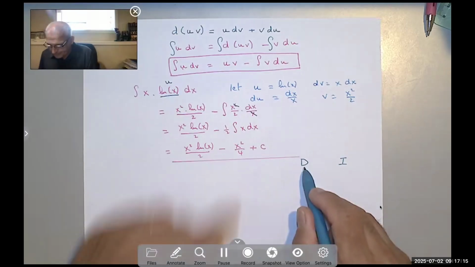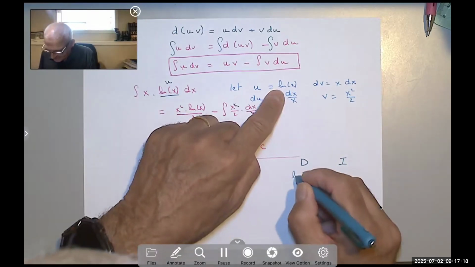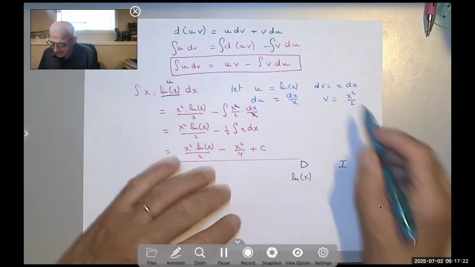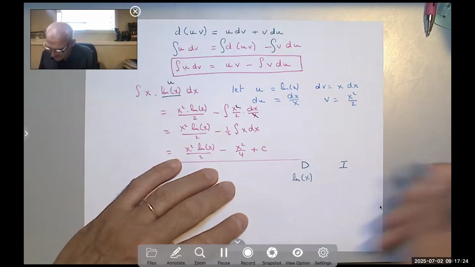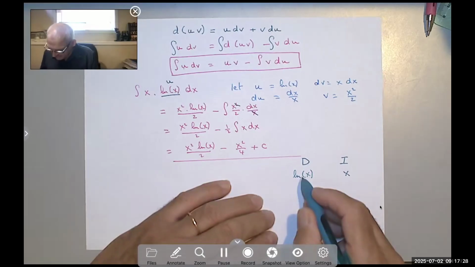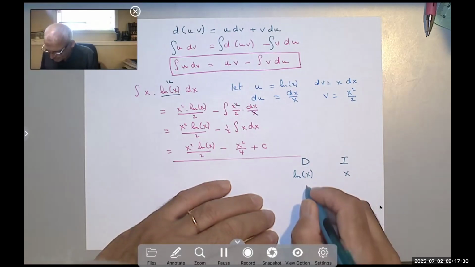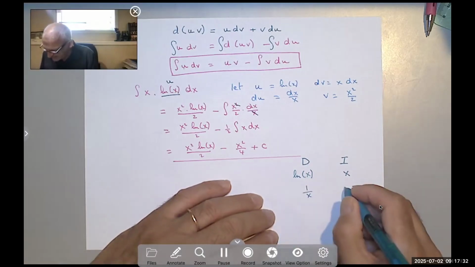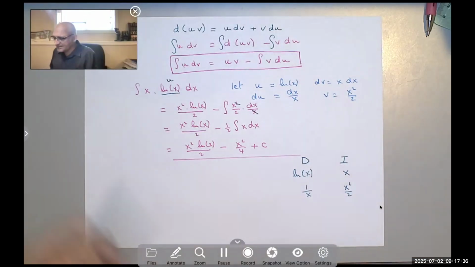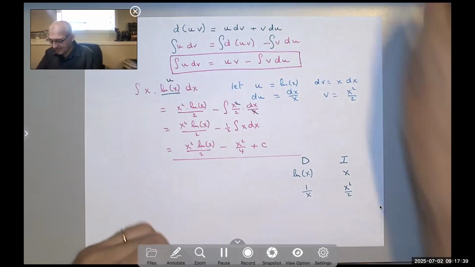Now, I would put natural log of x here, and x dx here, just x, right? We write x. And then I say, okay, if I differentiate that, I get 1 over x. If I integrate that, I get x squared over 2. And I don't need to do anything after that.